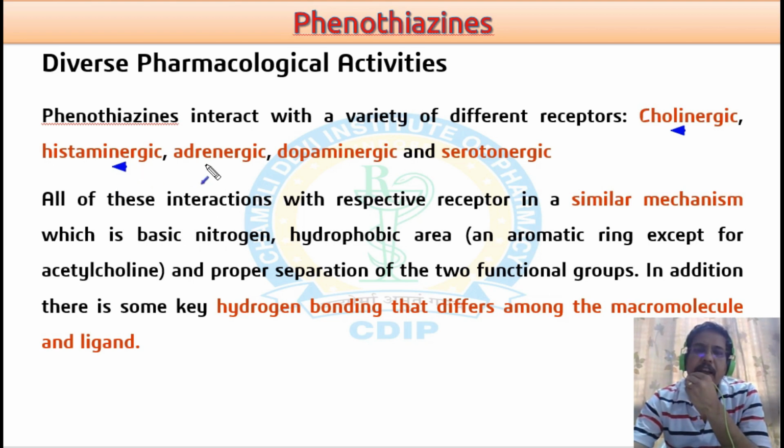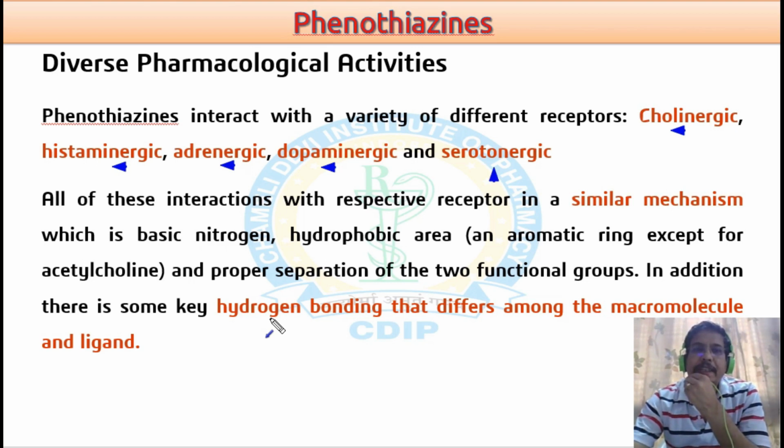Actually, all these receptors, when combined with phenothiazine, show antagonism. And adrenergic receptor, again antagonism, and dopaminergic receptor, again it antagonizes the activity, and serotonergic receptor, again it antagonizes the activity.